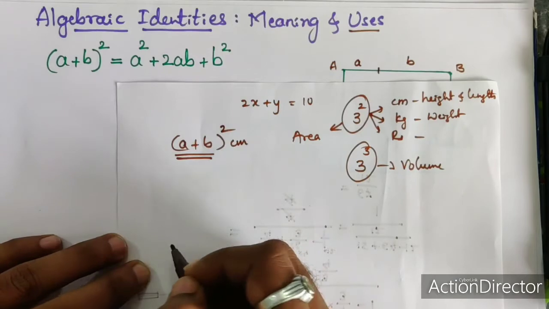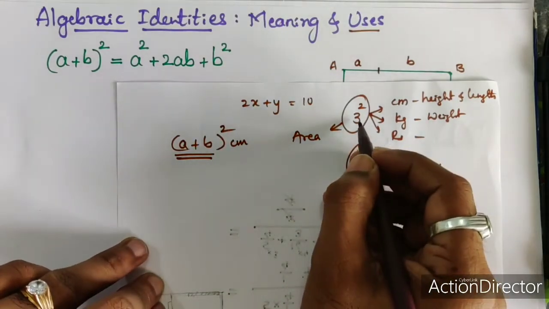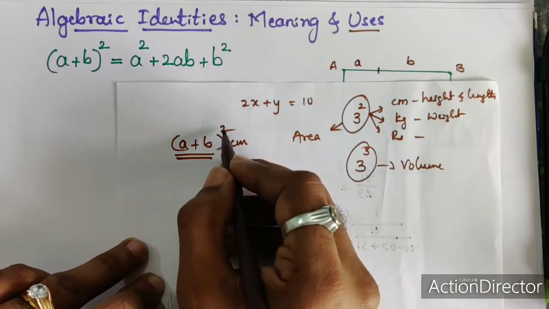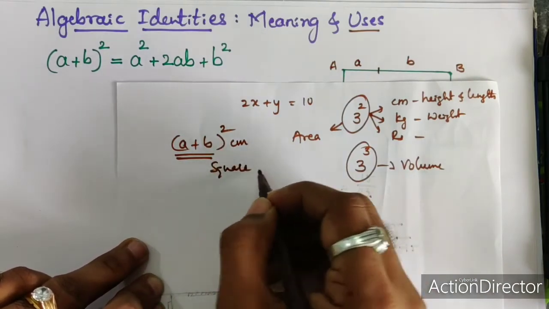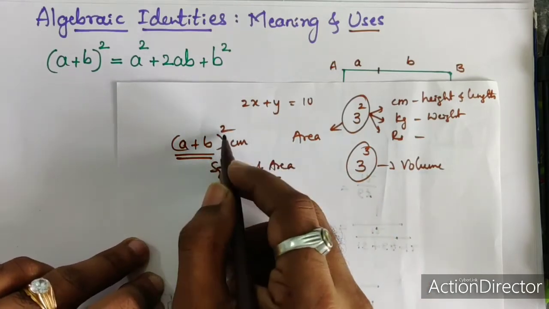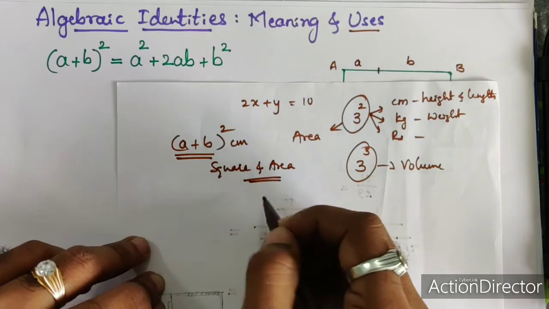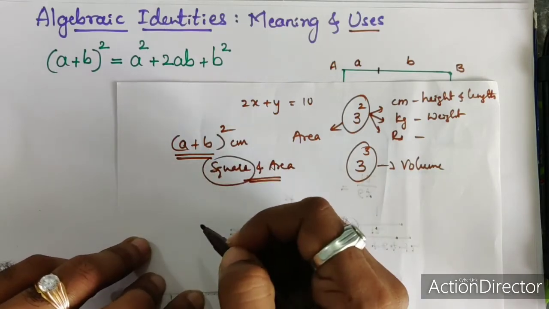Suppose I write it as (a plus b) whole square, then what should it represent? Anything expressed in the form of a square always represents area, particularly the area of a square.